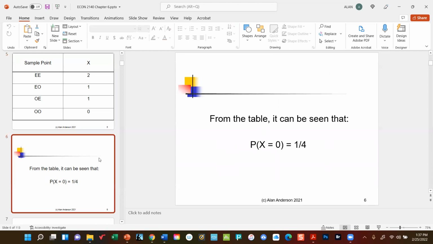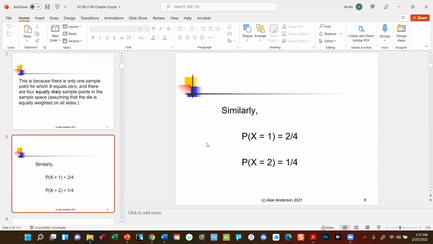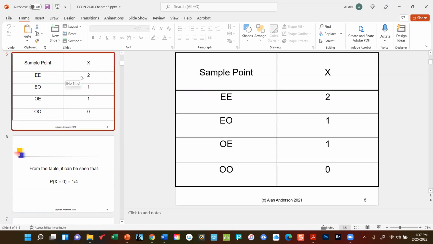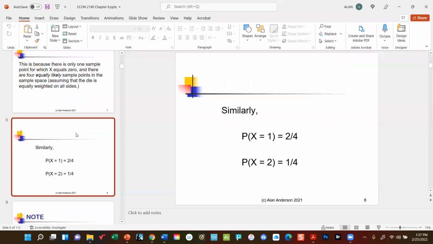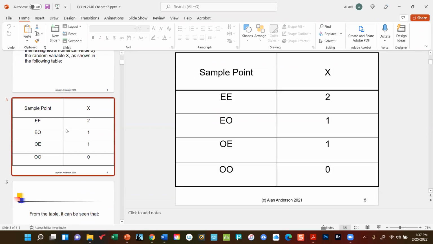You can rewrite that as 0.25 if you want to, but that's how we do it. Now, when X equals 1, there are two things that can happen that cause X to equal 1. We can either get an EO or an OE, which means that the probability of 1 is not 1/4, but 1/2 or 2/4. And then finally, for X equals 2, that can only happen one way, which means both are even, and that probability is 1/4.